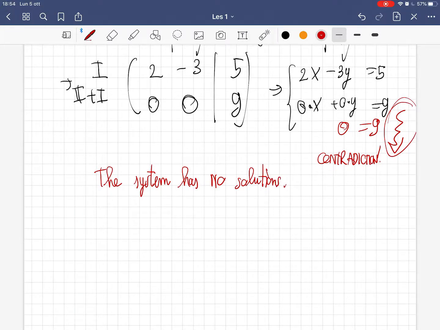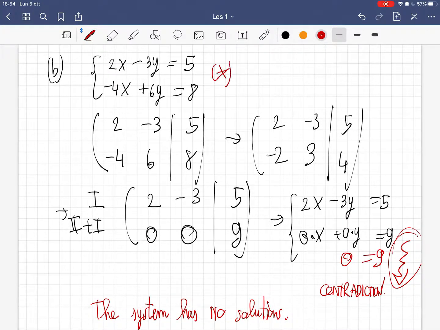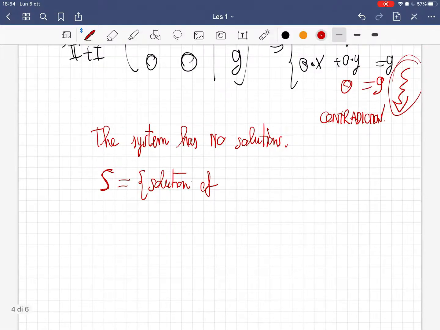Or if you want to use a slightly more formal notation, if you denote by S the set of solutions of this, then what we've said is that this set is the empty set. The empty set is the set which does not have any element.